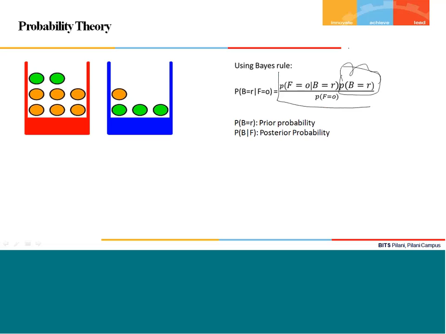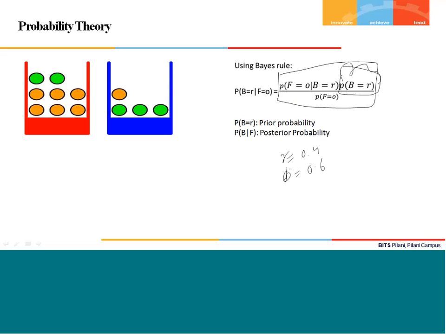So how can I interpret this equation? This is a prior probability: somebody comes and asks me, and the choosing of a blue box or red box equals 0.4 or 0.6. This is my prior belief. Prior belief means that somebody comes and tells me, or there is a reason for choosing in this manner.